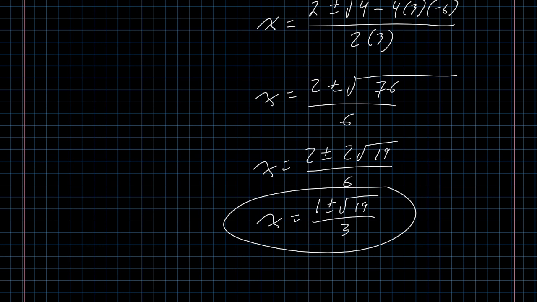1 plus the square root of 19 divided by 3 is 1.786 dot dot dot, and 1 minus the square root of 19 divided by 3 is negative 1.120, or thereabouts.